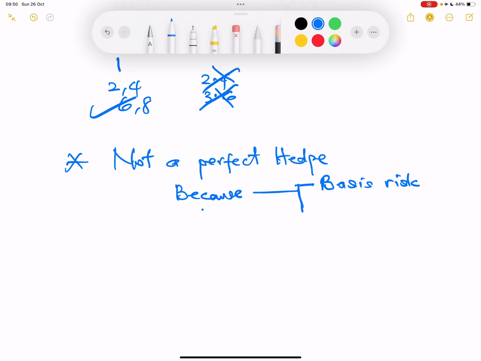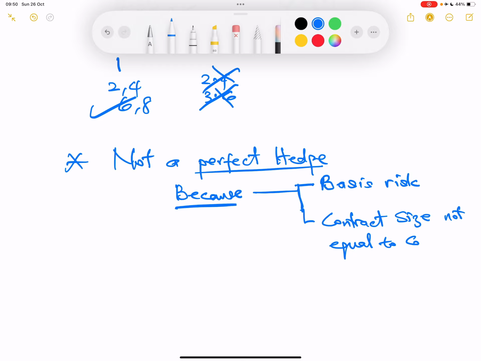The other reason why you might not have a perfect edge with futures is what I've explained before, which is the contract size. Not equal to commercial price. And you know why? I've explained that before. Your commercial quantity, which is in your contract, is your real transaction.